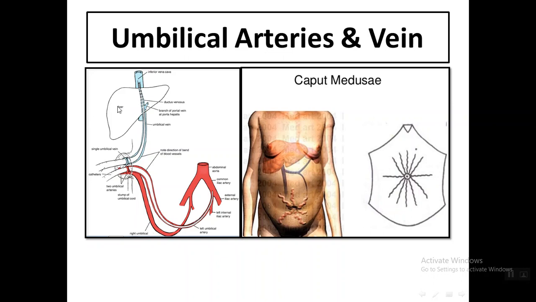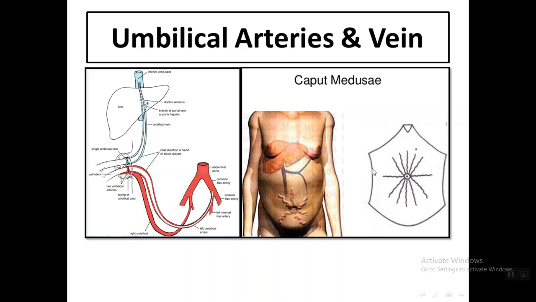If there is a problem in the liver, like liver cirrhosis, this leads to portal hypertension, meaning increased pressure in this vein, the umbilical vein. It will lead to congestion and portal hypertension, and lead to a condition called caput medusae.